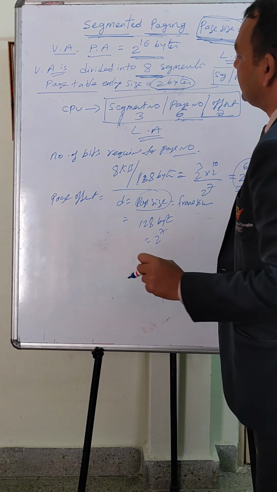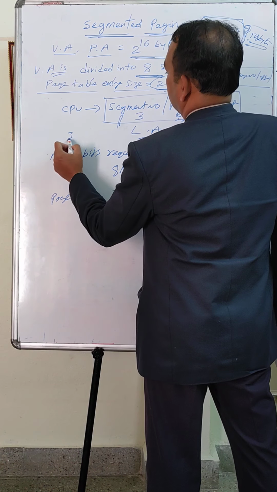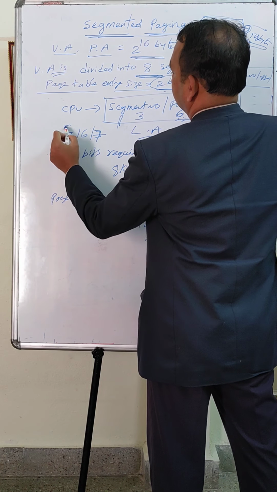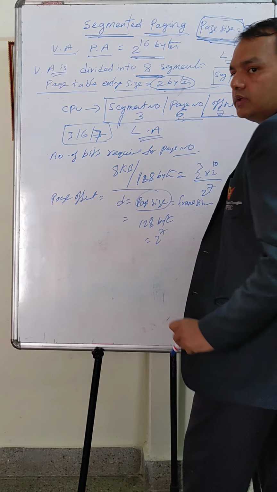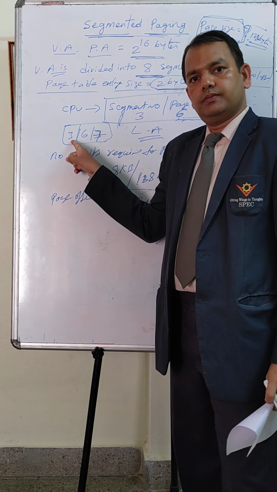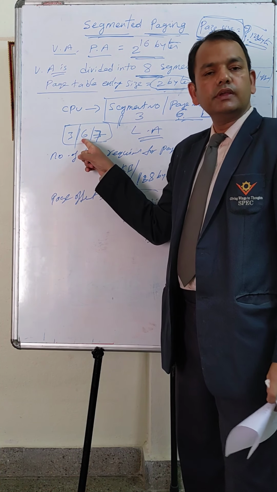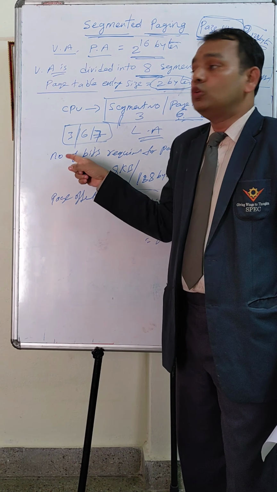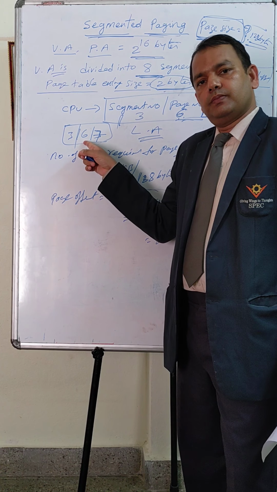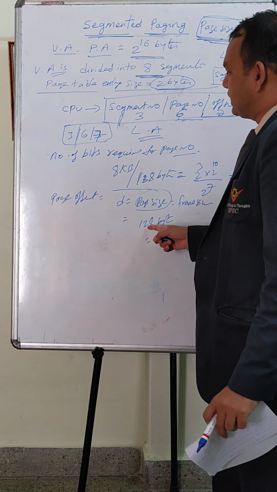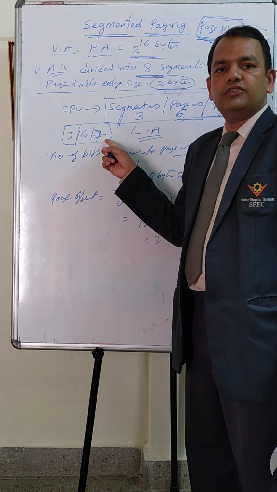The CPU generated, my dear friends, 3, 6, 3, 7. Understood? This 3 is for what? 8 segments. This 6: in a particular segment, how many pages? 2 power 6 pages. The page size is 128 bytes, so we need 7 bits as an offset.